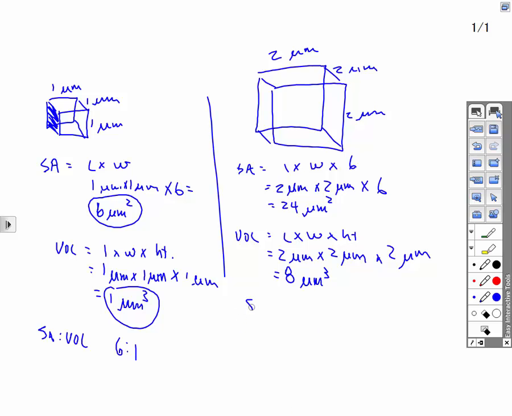All right, so surface area to volume, as a ratio, you're looking at 24 to 8, or you can reduce that. That becomes 3 to 1.